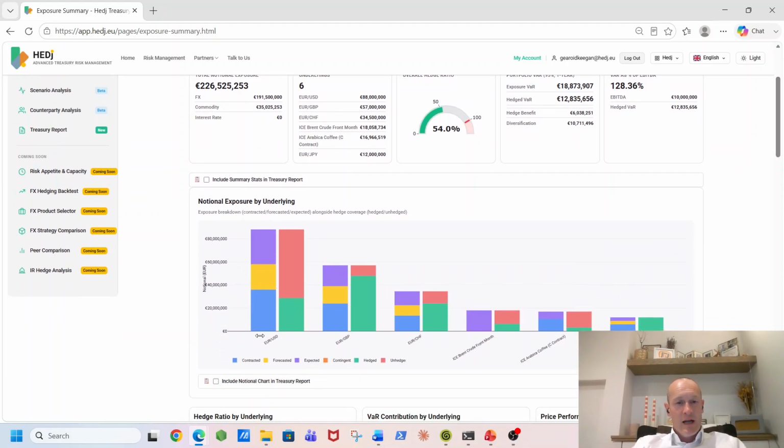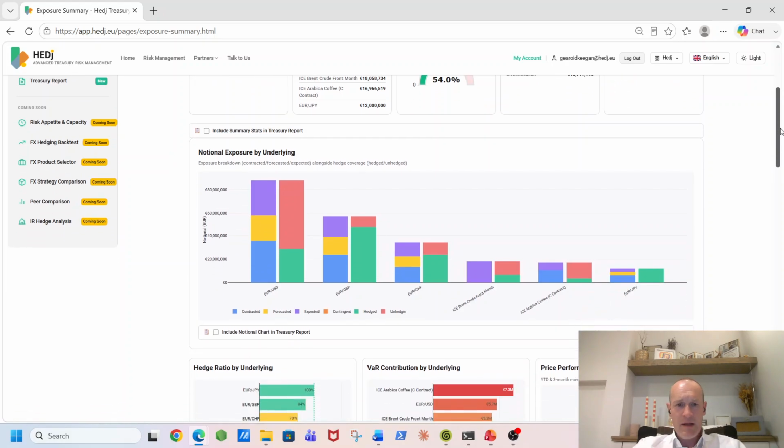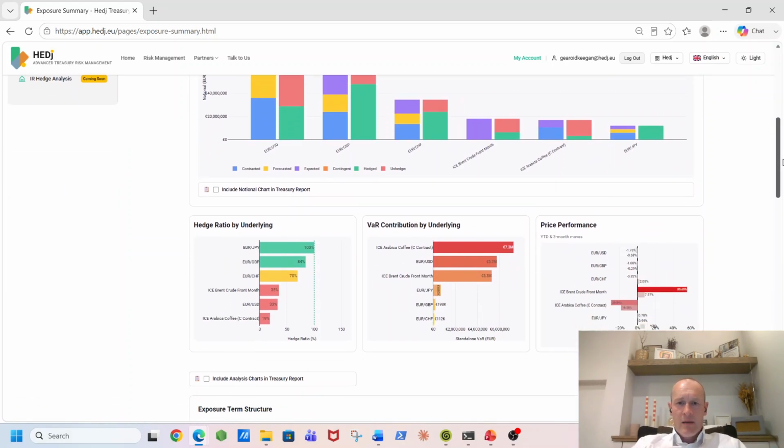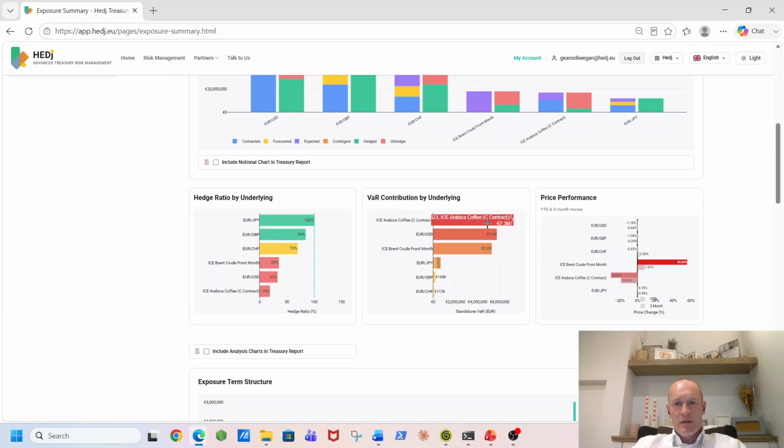Then it looks in more detail at their forecasted exposure by each currency pair or asset class, whether that is a contracted, forecasted, or expected exposure, and then how much of that is currently hedged or unhedged, and then a little bit more information about each, the value at risk associated with each one, so you can see your real volatility or your real risk.